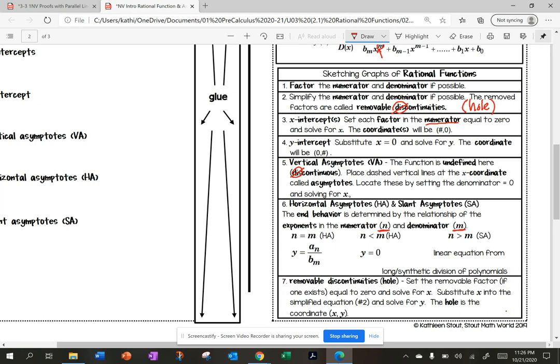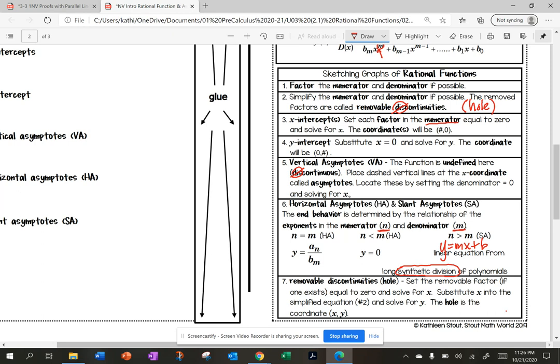The slant asymptote uses y equals mx plus b, so it's a linear equation, and we're going to use synthetic division to find that.